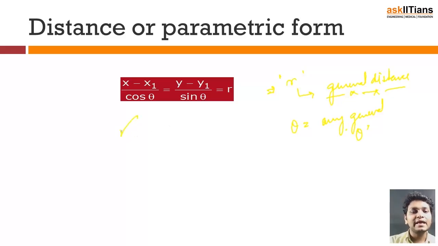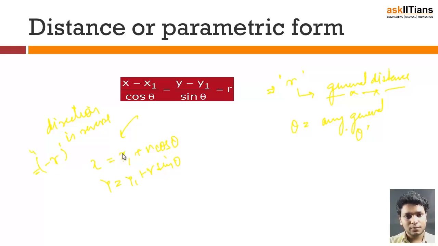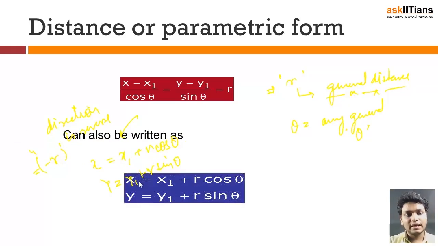So you can write any point on the line directly without thinking twice: x will be nothing but x1 plus r cos theta, y will be nothing but y1 plus r sine theta. And if the direction is reversed, it will be minus r in place of r. So finally it can be written as x equal to x1 plus r cos theta, y equal to y1 plus r sine theta.